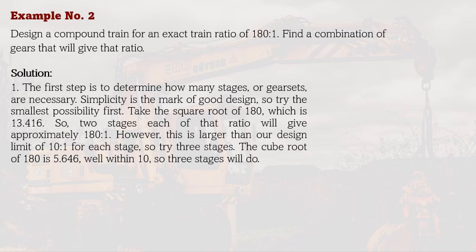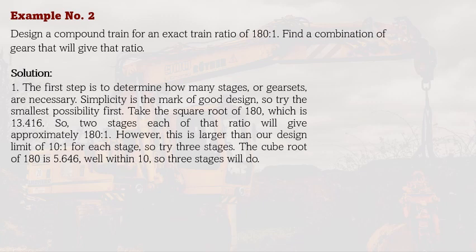So take note that if we have a simple gear train, then the ratio of a single stage should be 10:1. If we use 13.416, it would be larger than that. So it would not be sufficient to have a 2-stage. Therefore we will try 3 stages by taking the cube root of 180, which is 5.646.